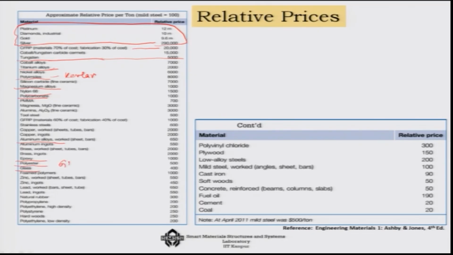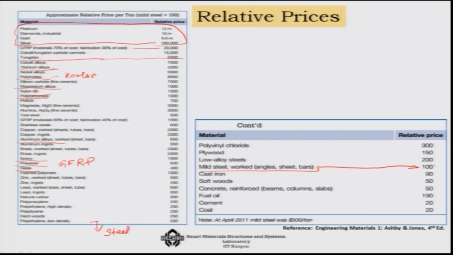That means you can make GFRPs, glass fiber reinforced plastics, and then down this line, in fact somewhere below this, because it is not covered here, I can see that the steel would come into the picture. So, this is one of the cheapest materials basically. Yeah, it is somewhere here, as you can see, this is where the steel is. So, you can also use that as a baseline of your material selection.